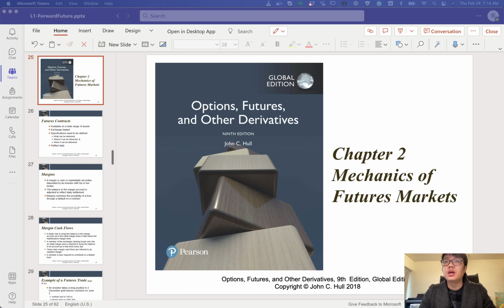So the idea, in short, is that the forward is in the OTC market, the unlisted market, but the future is in the listed market. It means that the future is more likely to be standardized. The products in the future are also very standardized, and have fixed quality and requirements for everyone.